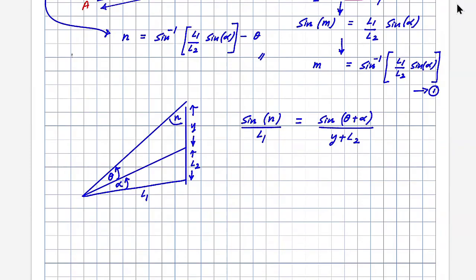Do you get that? Please focus. Understand whether you got this. So theta plus alpha is this. The opposite side length would be y plus L2. N is this. Opposite one is L1. The rest is just letters, right?